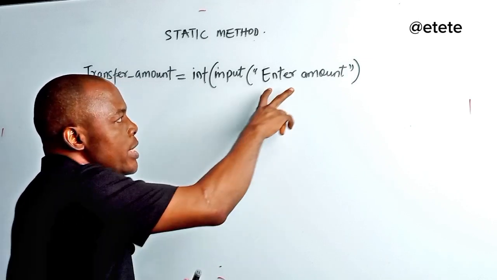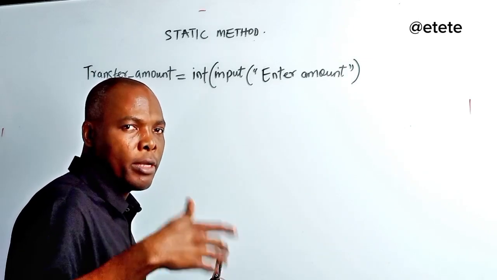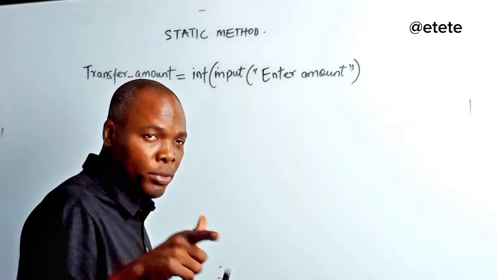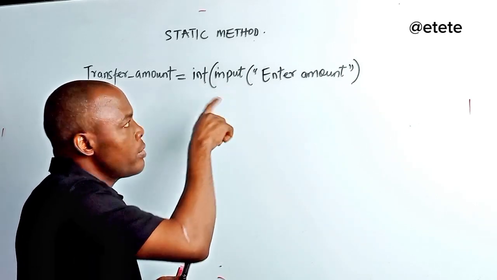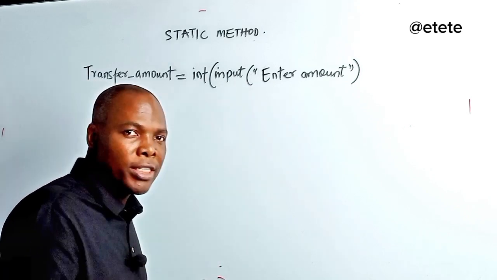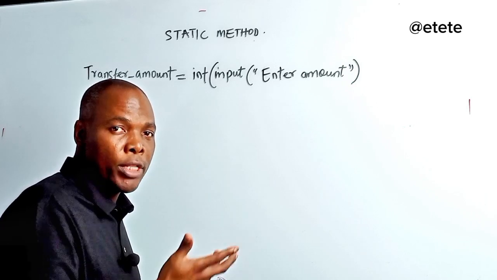So once you run the script, you see enter amount, and then you put in 20,000, for example. Now that 20,000 that you are inputting, in Python, any input data is going to be seen as a string. And what we are doing in our system is calculation.